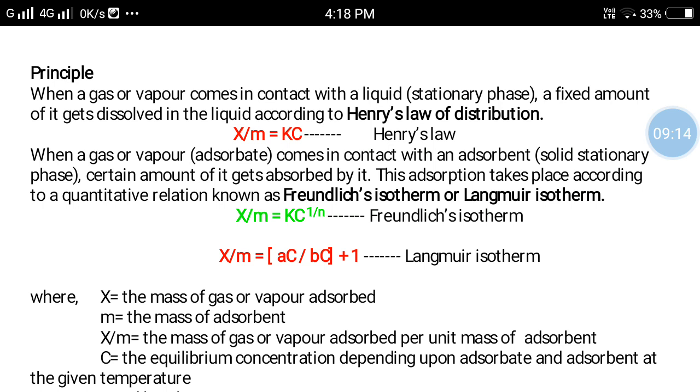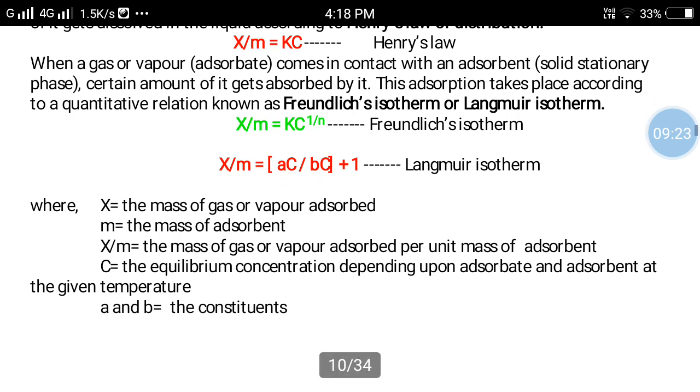The Langmuir isotherm is mathematically explained as x/m = Ac/(Bc + 1), where x is the mass of a gas or vapor adsorbed, m is the mass of adsorbent, and x/m is the mass of gas or vapor adsorbed per unit mass of the adsorbent.